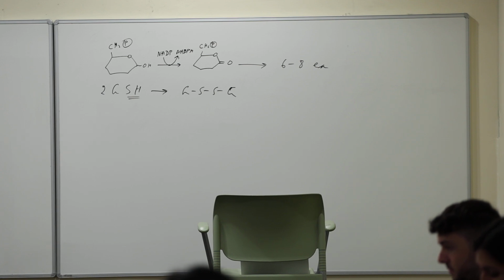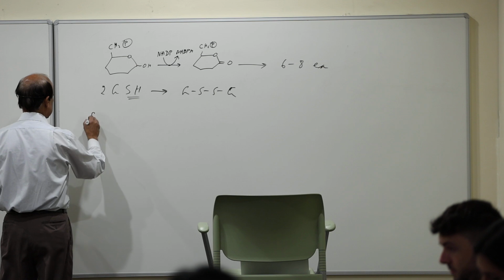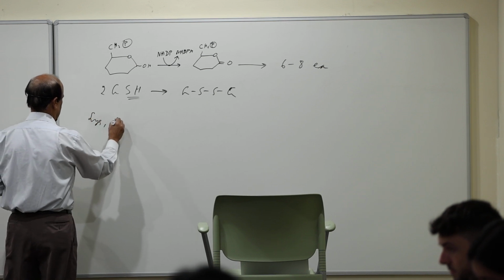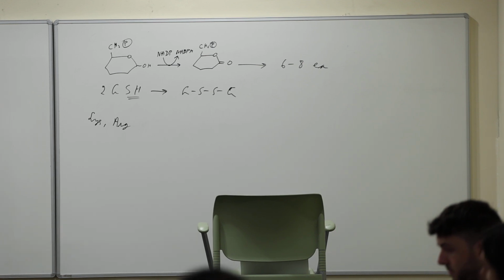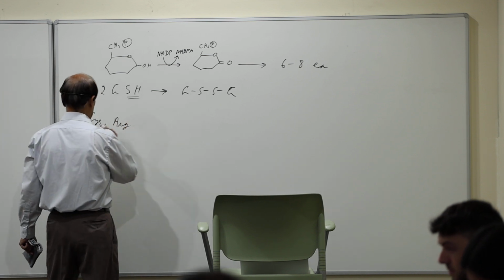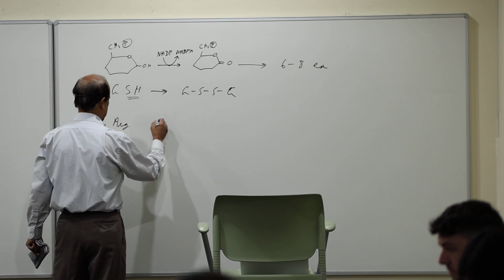Trypsin has a recognition sequence that it cuts after lysine and arginine. So trypsin will cut the peptide bond whenever it finds a lysine or arginine. There are some exceptions, and both these have a long chain, right?